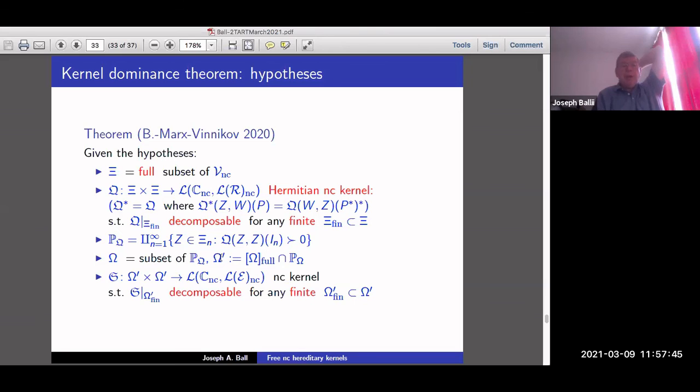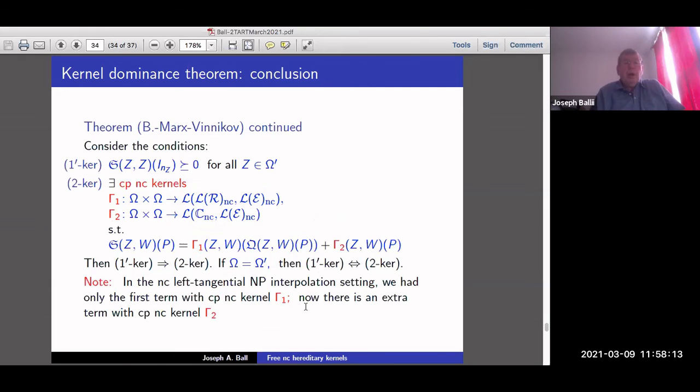We take omega to be a subset of the positivity set of Q. Omega prime is this extension of the positivity set where you add, it's sort of a non-commutative Zariski closure I won't go into. Then you have S defined on omega prime cross omega prime is a non-commutative kernel, and it should be decomposable for any finite set of omega prime.